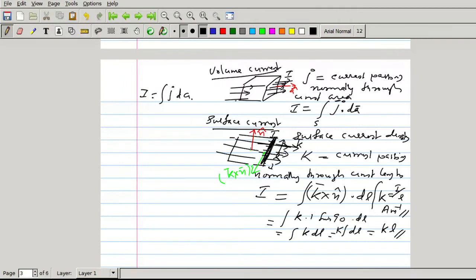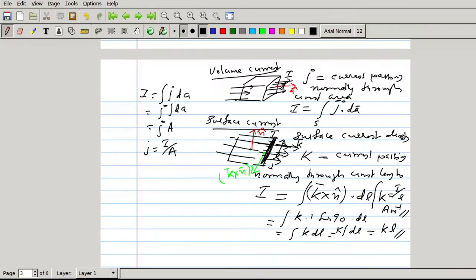So this is the integral of J dA, and J is constant along the surface, so J times the integral of dA, or J into area, or J equals I by A.